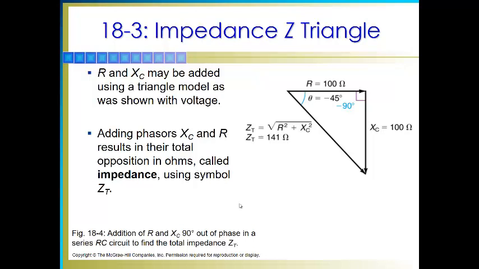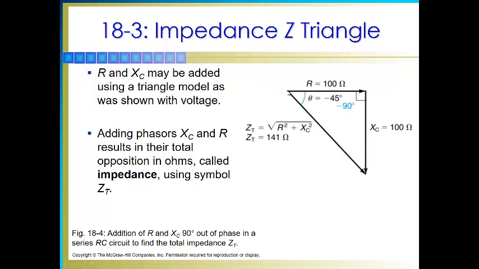Impedance is also calculated through the impedance triangle, which, as I mentioned before, you can always adopt the concept of the Pythagorean theorem to find. So if you have a circuit that has a resistor of 100 ohms and the capacitor has a capacitive reactance of 100 ohms, the total impedance on the circuit is not going to be 100 plus 100 because of the phase angle.